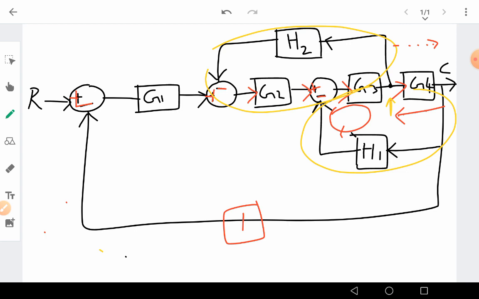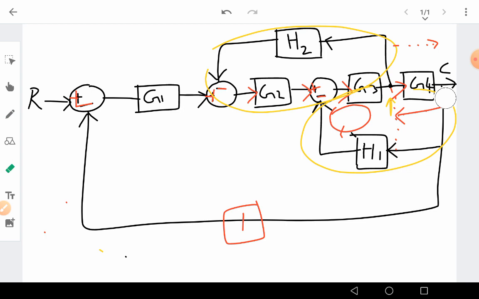Is this possible? G1 into G4, you have to divide by 1 by G4. That is also possible, but let me bring this here, so that a lot of things can become easy if I do this loop here. So what happens if I take this loop to here?